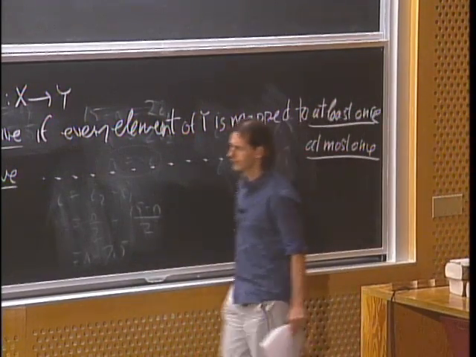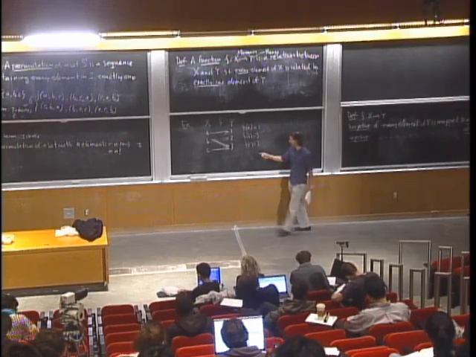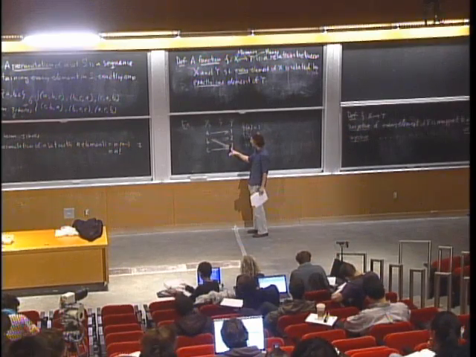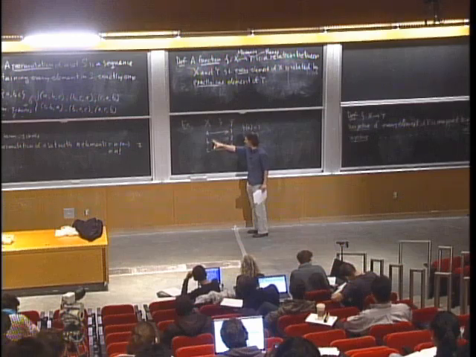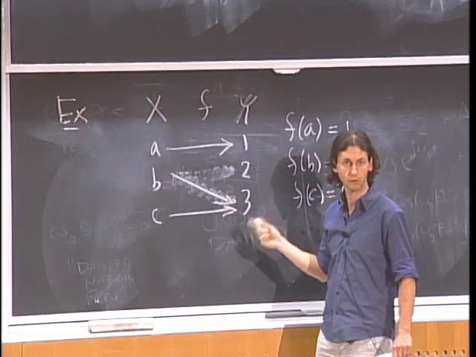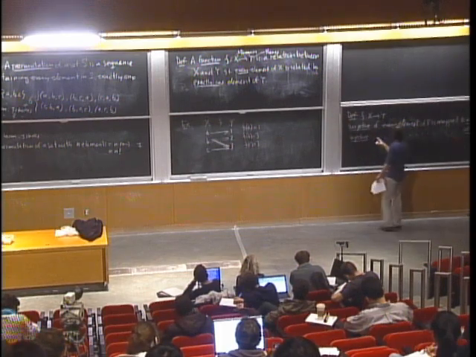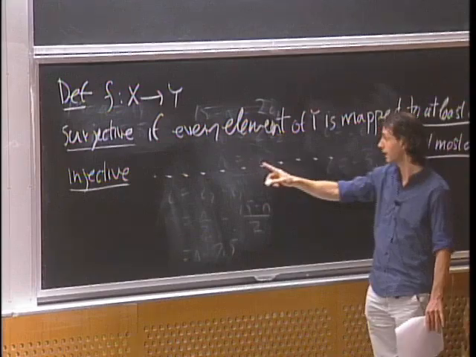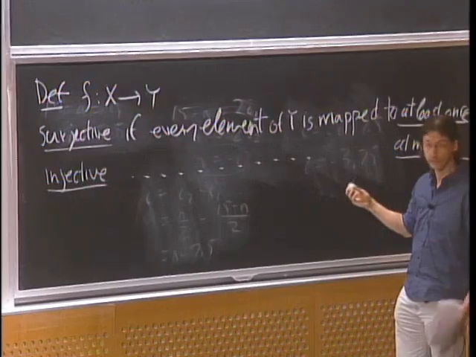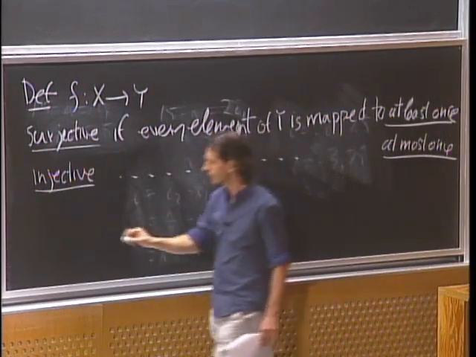So let's have a look over here. And that's also not true for this example, actually, because 3 is mapped to 2 times, so it's not mapped to at most once. So this example is also not injective. Because if a function is injective, then every element of Y, of the range, is mapped to at most once.